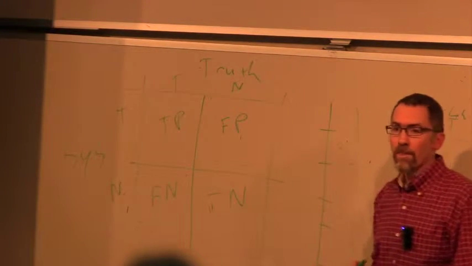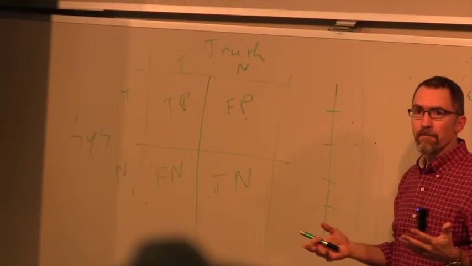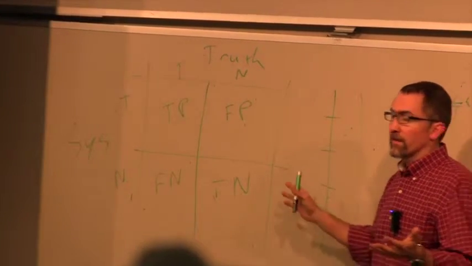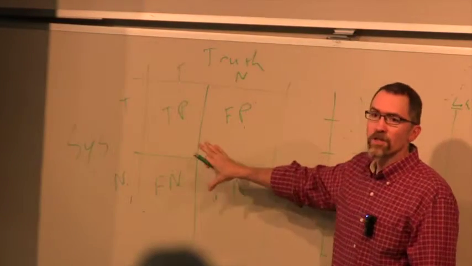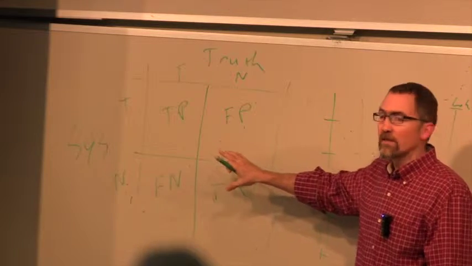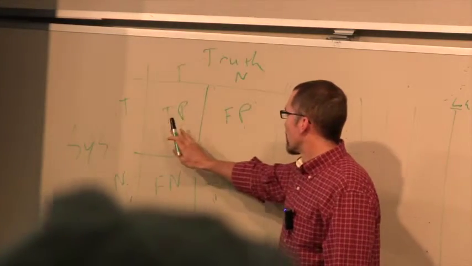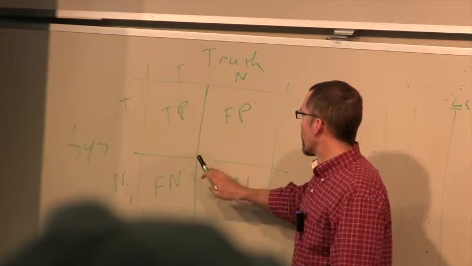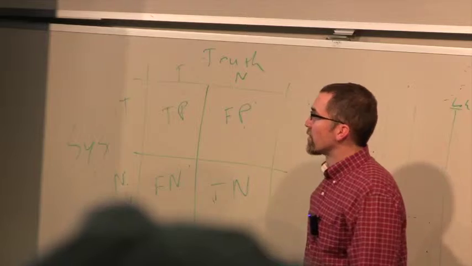Is that clear? And then I think all of your classification metrics are just different ratios of these things. So accuracy is just this one and this one over the sum of all of them. And there's many different ones.